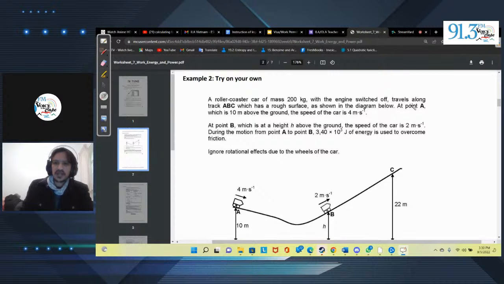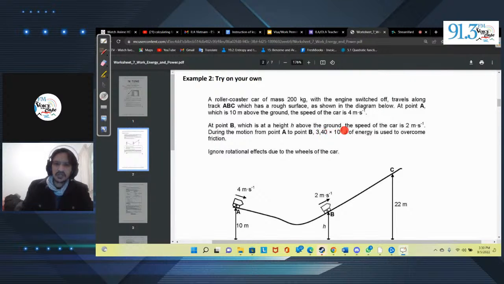As shown in the diagram below, at point A, which is 10 meters above the ground, the speed of the car is 4 meters per second. At point B, which is at a height of h above the ground, the speed of the car is 2 meters per second. During the motion from point A to B, 3.4 times 10 to the 3 joules of energy is used to overcome friction.